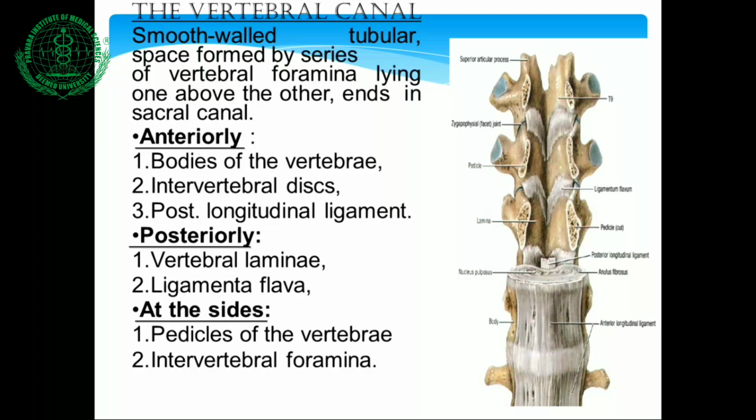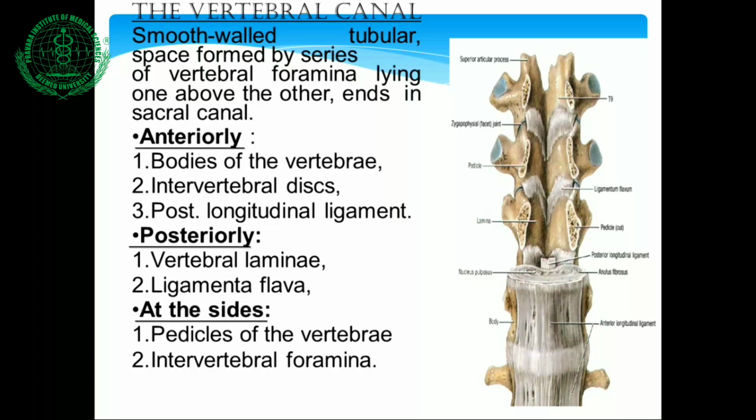Posteriorly there is presence of vertebral lamina and ligamenta flava, and on either side there is presence of pedicles of vertebrae and intervertebral foramen. This is about the anterior and posterior walls of vertebral canal.